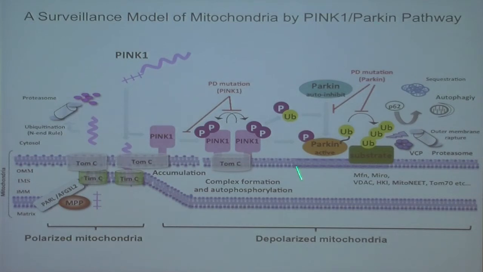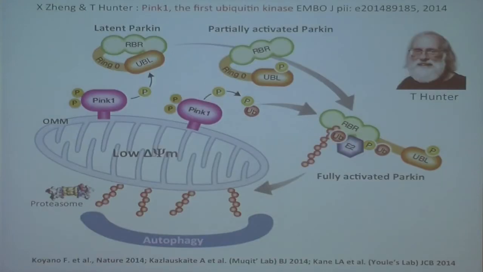So this is an overall busy slide, but we found that the regulatory mechanisms of PINK1 are also regulatory mechanisms of Parkin. So far, many mutations have been reported, but the hotspots are only in these regions. Therefore, the regulation of these two, the protein kinase and the ubiquitin ligase, is very important. Quite recently, Tony Hunter reviewed our study, calling PINK1 the first ubiquitin kinase.